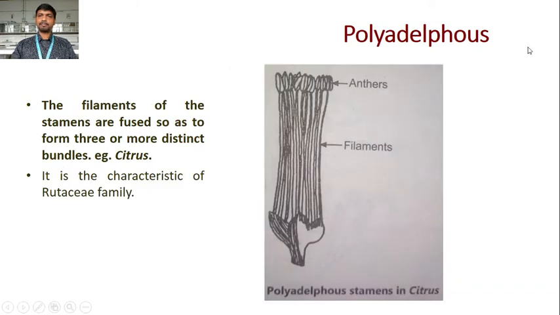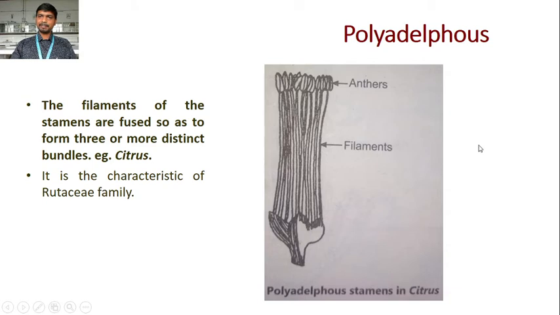Now the polyadelphous. Poly means many, so it forms many bundles. The filaments of the stamens are fused so as to form 3 or more distinct bundles. When there are more than 2 bundles, we can say 3 or more distinct bundles, such a condition is polyadelphous.